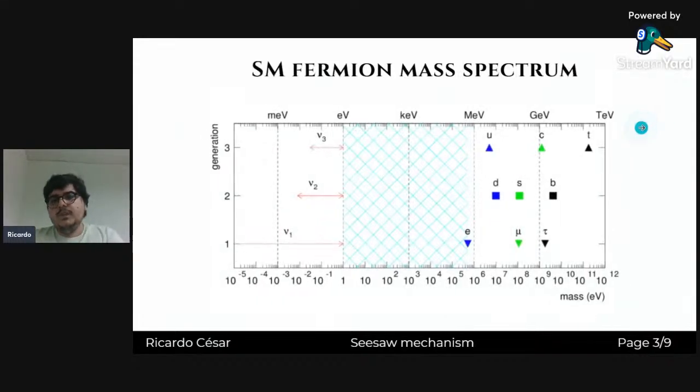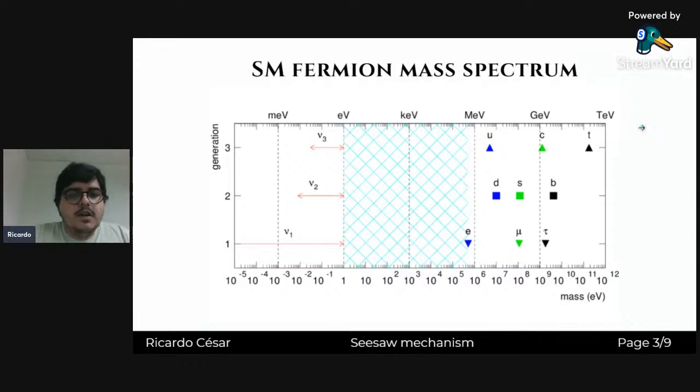Okay. Another important thing to keep in mind is the mass scale of these neutrinos. On the right side, you have the fermions of the standard model, excluding the neutrinos. So they are in this regime here of the MeV or GeV mass spectrum around here, and the neutrinos are far below. Okay, so you have this gap of mass scale.